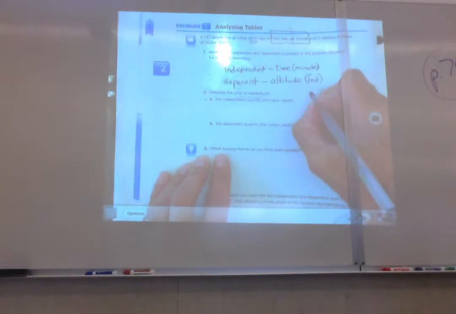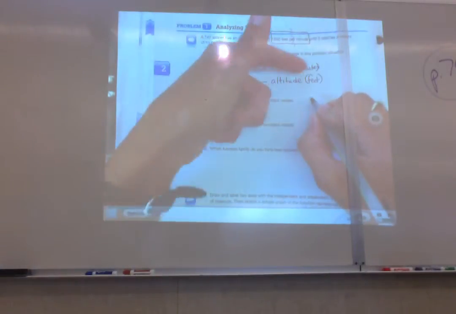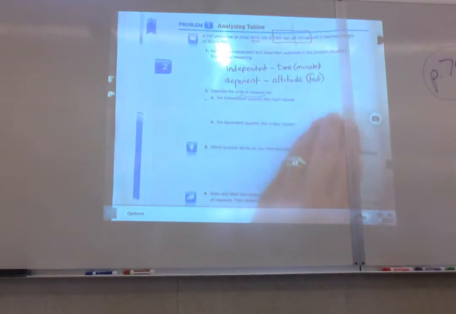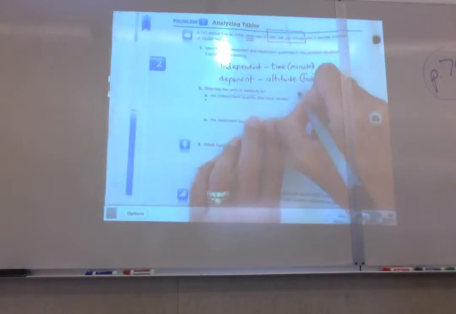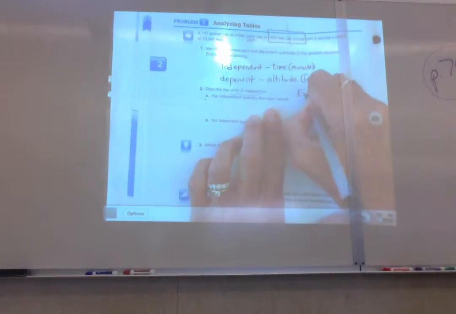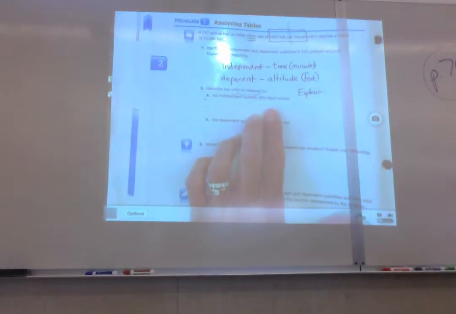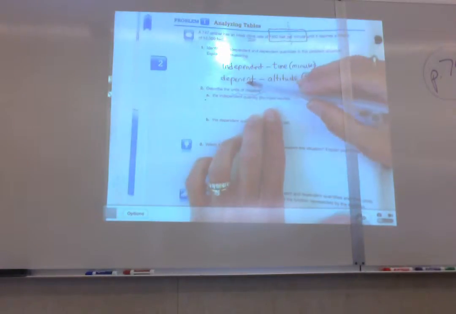Okay, what it asks us to do too, and I wrote too big, so I'm going to use this space, is explain our reasoning. You guys did a great job of explaining, for the most part, reasoning, and I gave you points if your reasoning made sense. Okay, so why does height depend on time in this situation?